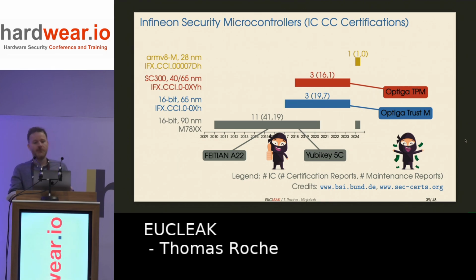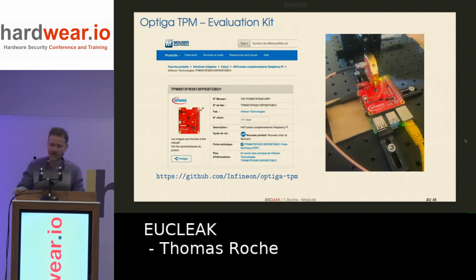In the even more recent family, which is now based on ARM, Infineon moved from their proprietary 16-bit microcontroller to ARM versions, and so the Optiga TPM, now a TPM, is based on this family. It's a 40 nanometer die.